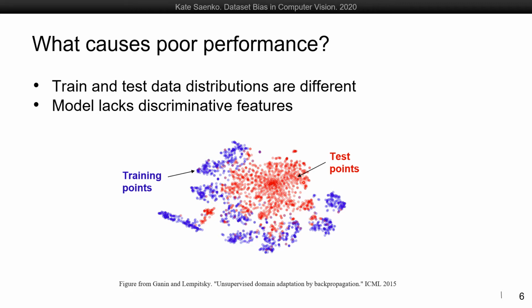It didn't see the red points at training time. And so you can see that even though it's learned discriminative features for the blue domain, your blue points are being clustered well and apart from each other into different categories. That's not the case on the test domain, on the red domain, because it hadn't learned useful features to separate those images from each other. So those are two causes of poor performance in dataset bias.